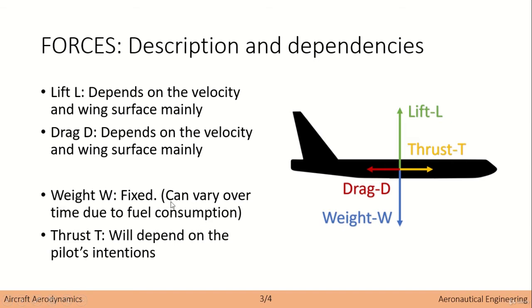Of course, this can vary over time due to fuel consumption, since fuel is expelled from the aircraft, but in general it can be assumed as fixed. And thrust, T, which is this over here, will depend on the pilot's intentions. Of course, it depends on other conditions too. Thrust is usually quite exhaustive to analyze correctly, but the idea is that the pilot has control of the thrust, as you can imagine.